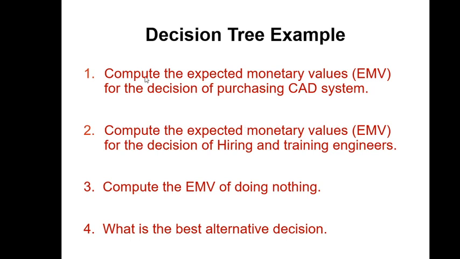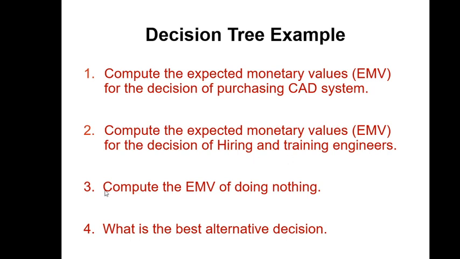First of all, number one, we have to compute the expected monetary value, EMV, for the decision of purchasing a CAD system, and this is our first option. We are required also to compute the EMV for our second option, which is hiring and training engineers, which is the make.